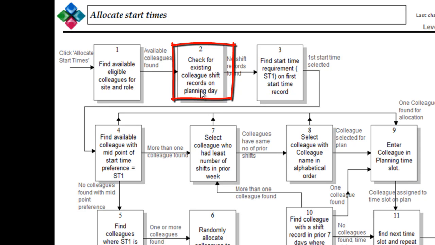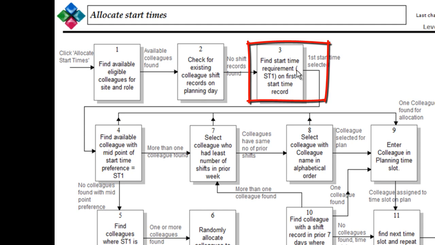So in other words, has something already been planned for them? Well, no, in our case they're not. So if no shift records are found, then the system starts to look at the start time requirements or the booking requirements. I've used, maybe have a look at the first one, which I'm calling ST1, looking for the first start time record. Once it's found that, it goes into a number of conditions.